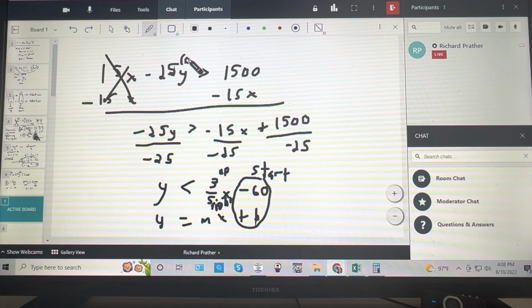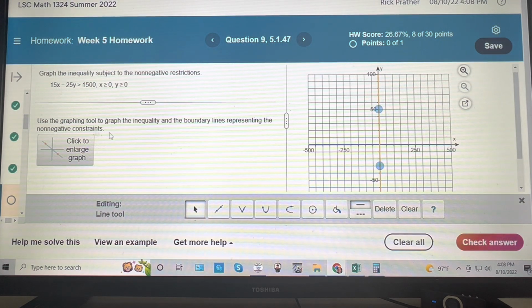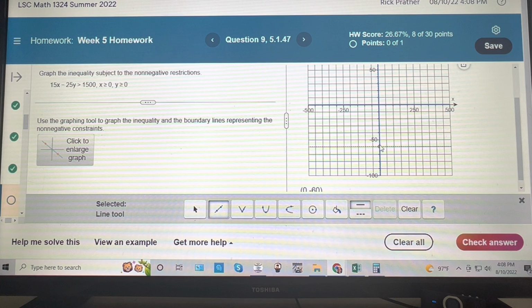The x-intercept was when I plugged 0 in for y. 15x equaled 1500, so x was 100. So I can put the negative 60 y-intercept, which is right there. It's hard to go up 3 over 5 here because it literally jumps you by 10. It won't even let you go up 3 over 5. But we knew that the x-intercept was 100, so that has to be right there.